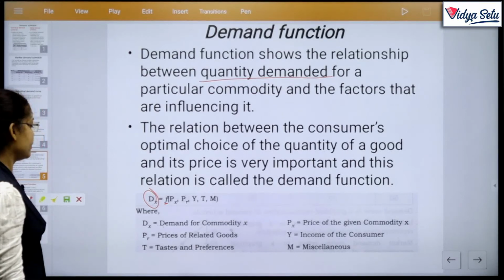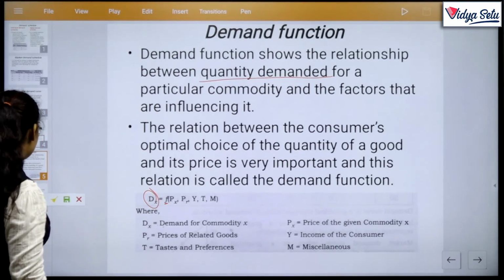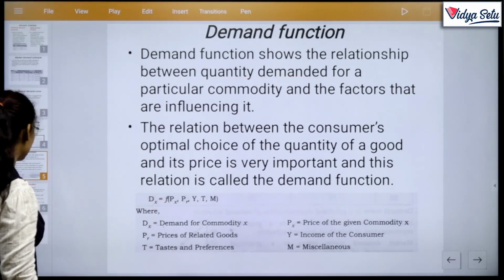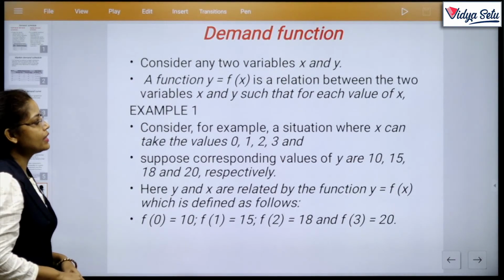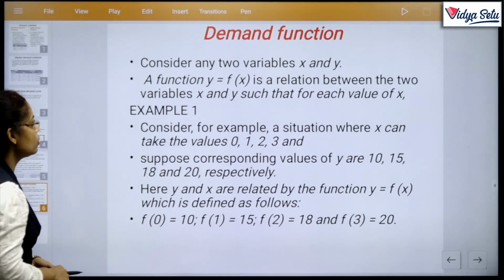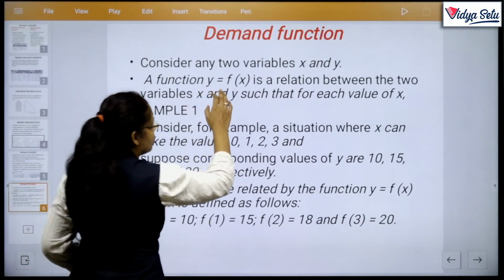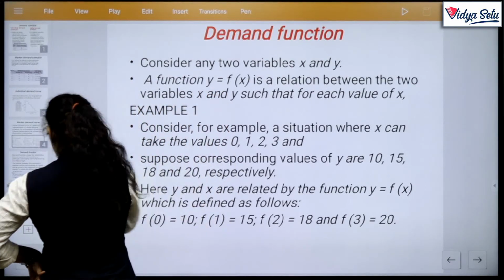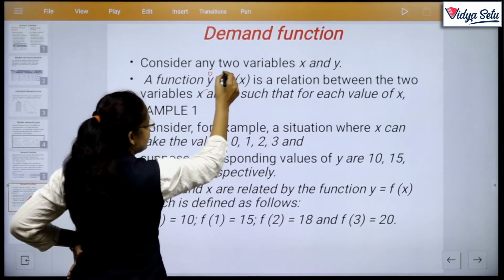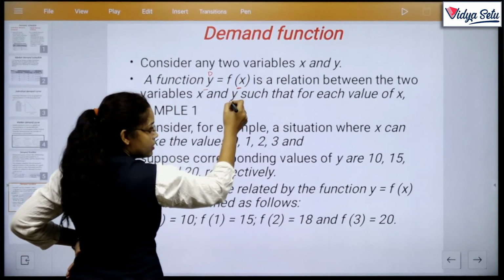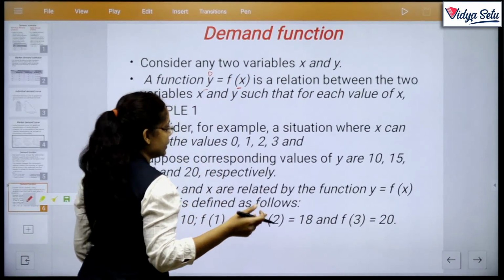Clear? So here we take the example from your book. Consider any two variables X and Y. Okay. So a function is Y equals F(X), that is demand equals F(X). X is your factors affecting.